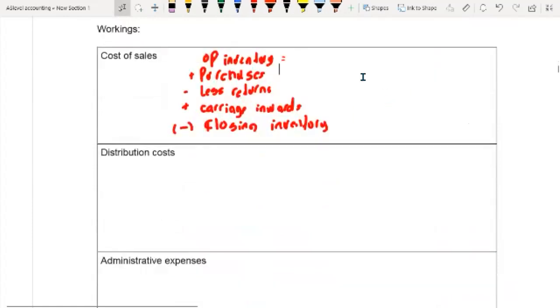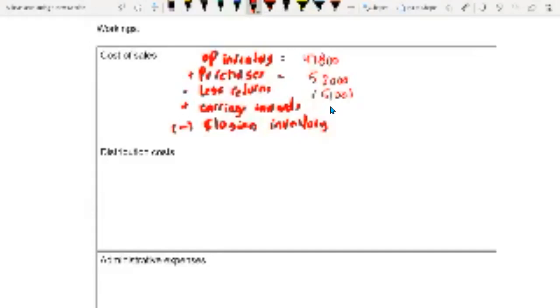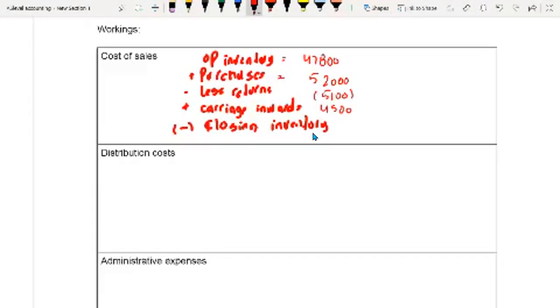So the opening inventory is 47,800, purchases are 522,000, returns are 5,100, carriage inwards is 4,500, and closing inventory is 49,500.